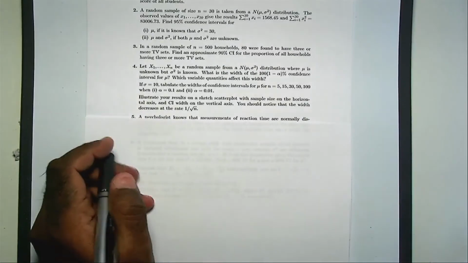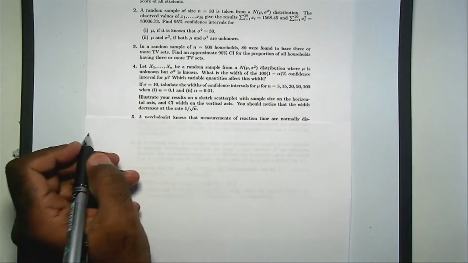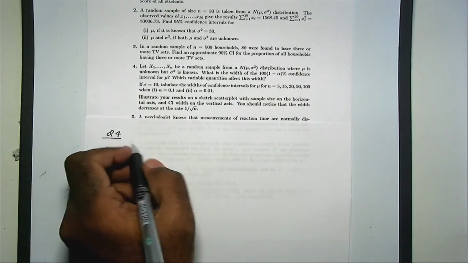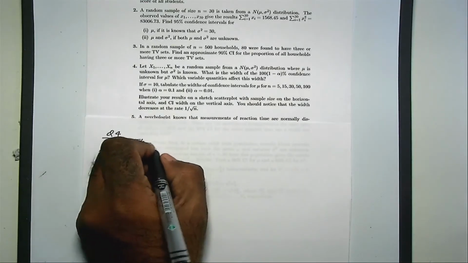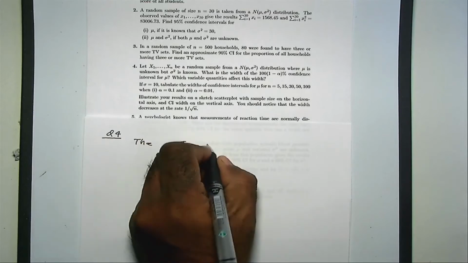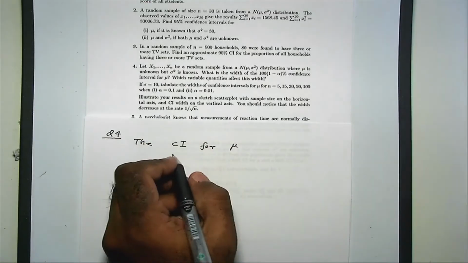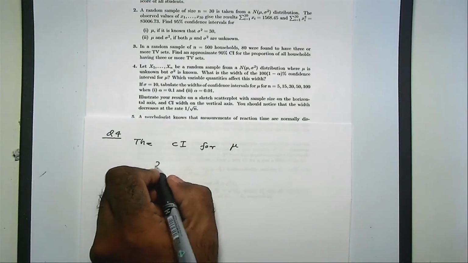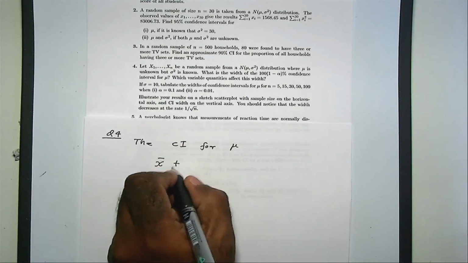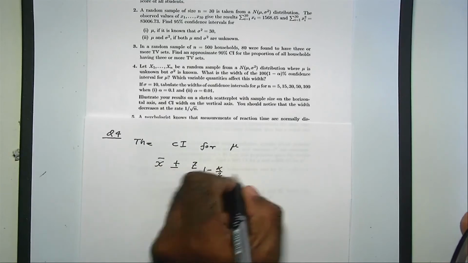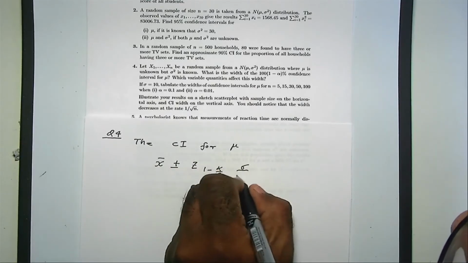Question 4. The confidence interval for mu when sigma is known is x bar plus or minus z at 1 minus alpha by 2 times sigma by root n.